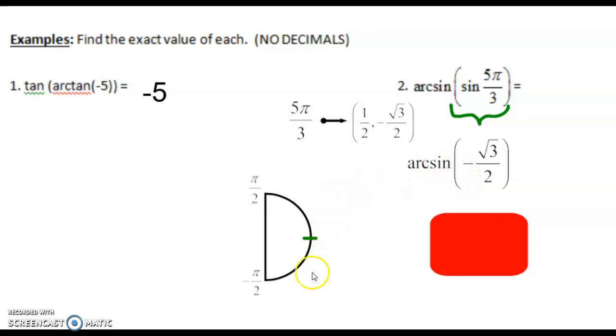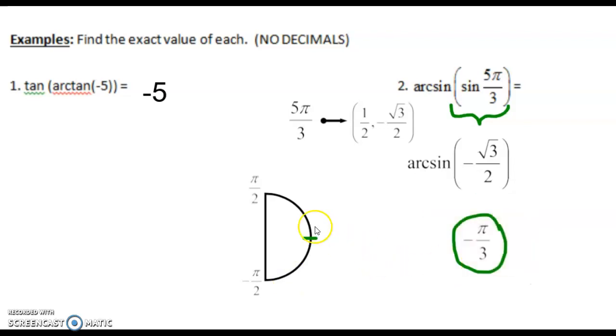So remember, arcsine is defined from -pi over 2 to pi over 2. So we're seeing what angle measures have a y value of -√3 over 2. That's going to be down here. So again, normally we would call that 5 pi over 3, but because we're in arcsine, we now have to call that -pi over 3. So our answer is -pi over 3, not 5 pi over 3.